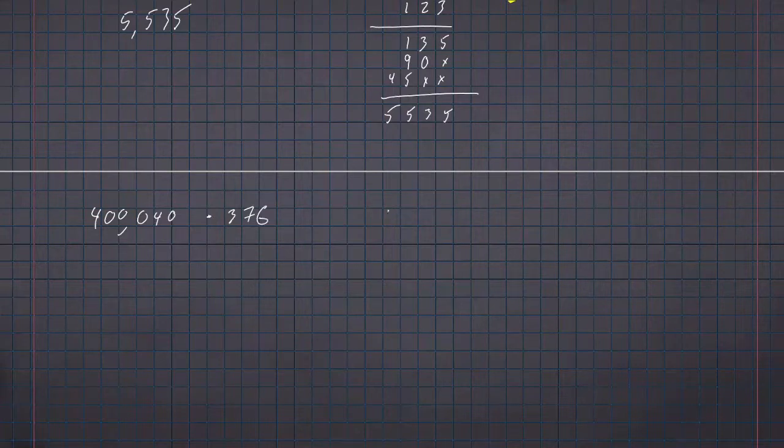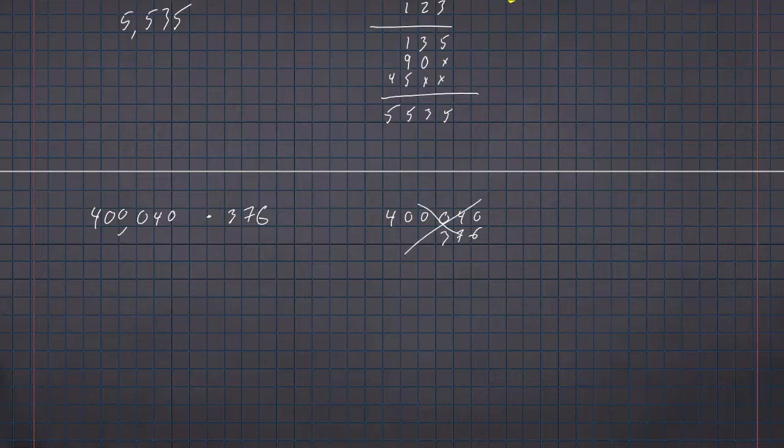Well, I could write that out and work through the multiplication. Multiply 6 times 400,040, then multiply 7 times 400,040, then multiply 3 times 400,040, and it would work.